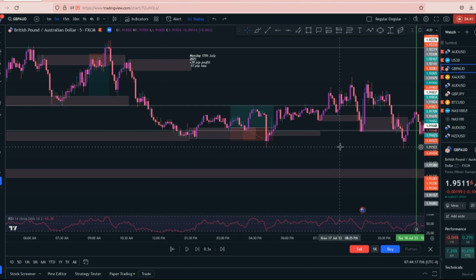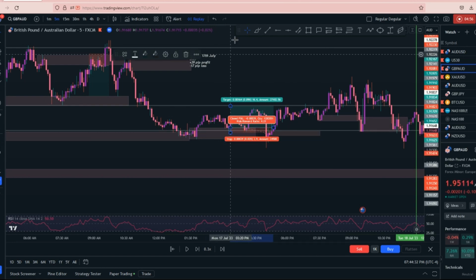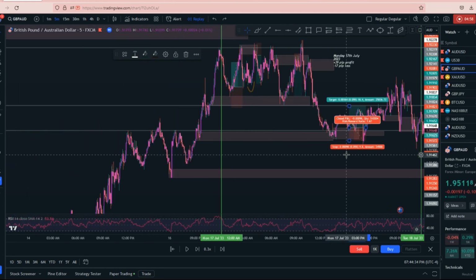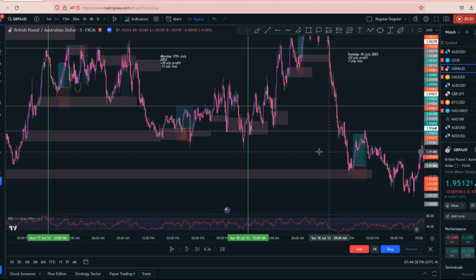On MT4 it probably would have taken me out of the trade though, but 1 pip. So that was actually a loss of 9 pips. Again, could have made my stop loss smaller, 3 pips. We live and we learn. So those are my trades for Monday.